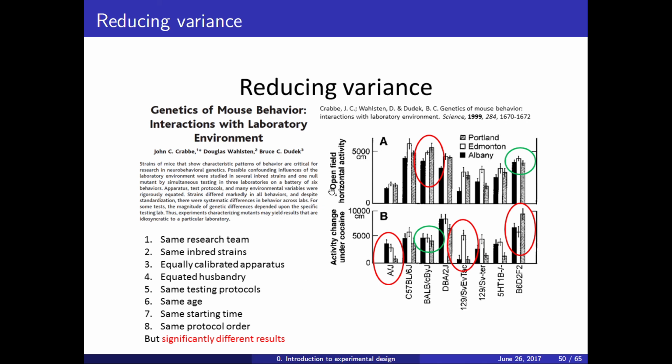And then they measured a couple of variables as the outcome of their results, and in some of the cases this is what you would expect, that there are no significant differences. This is the strain of the animals, so there are no significant differences between the 3 places.